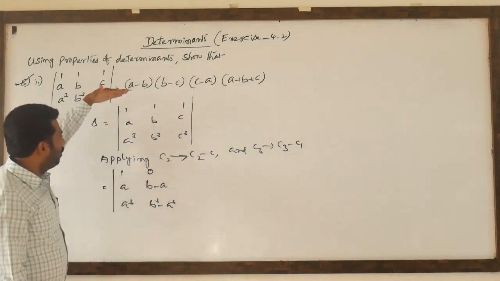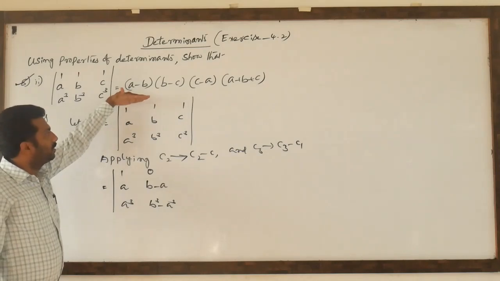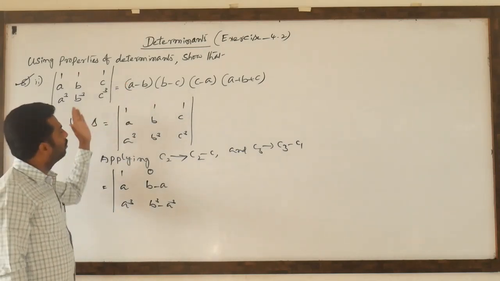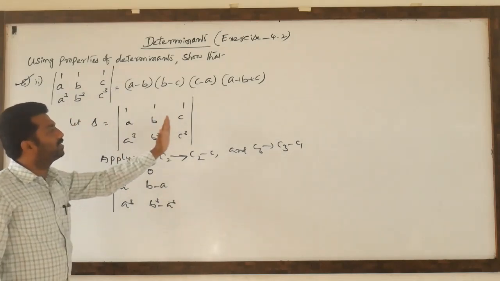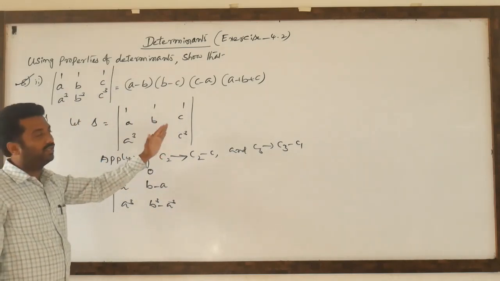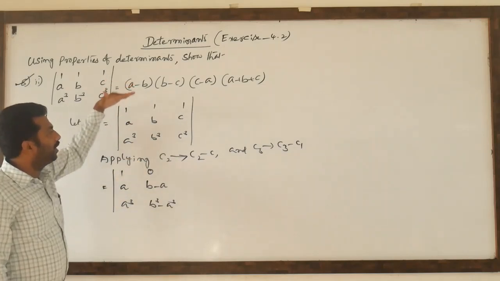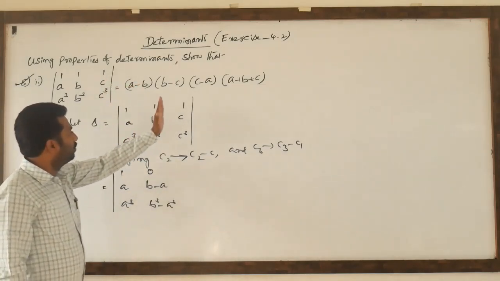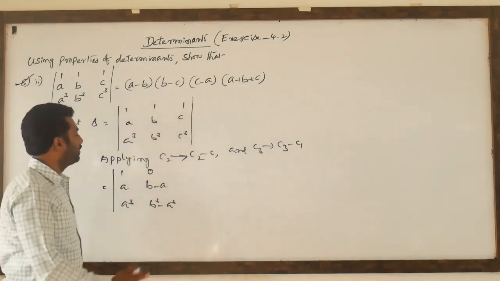Whenever we are applying row operations, we operate top to bottom or bottom to top. So operating like this means column operations, and operating horizontally means row operations.